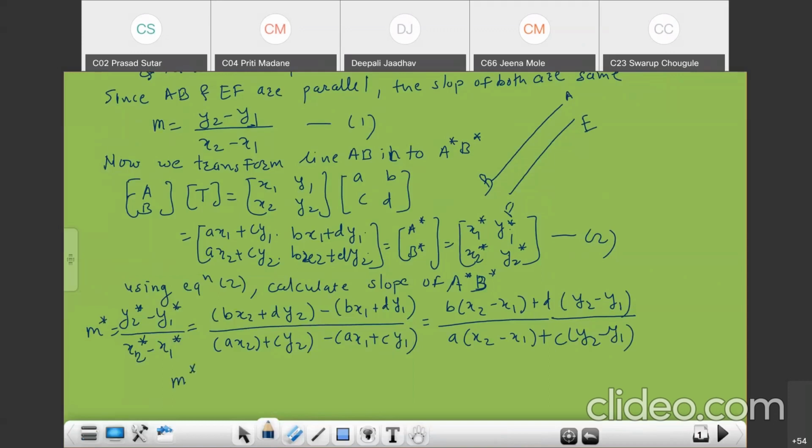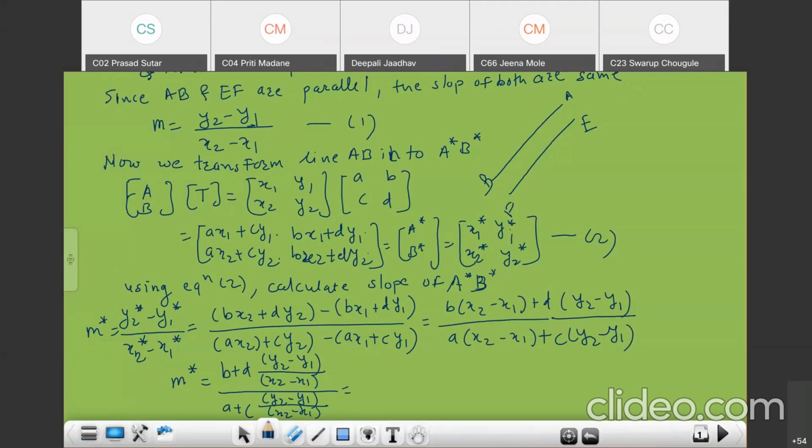The slope of the transformed line, m star, is equal to b plus d times (y2 minus y1) divided by (x2 minus x1), and divided by a plus c times (y2 minus y1) divided by (x2 minus x1). Is it correct?